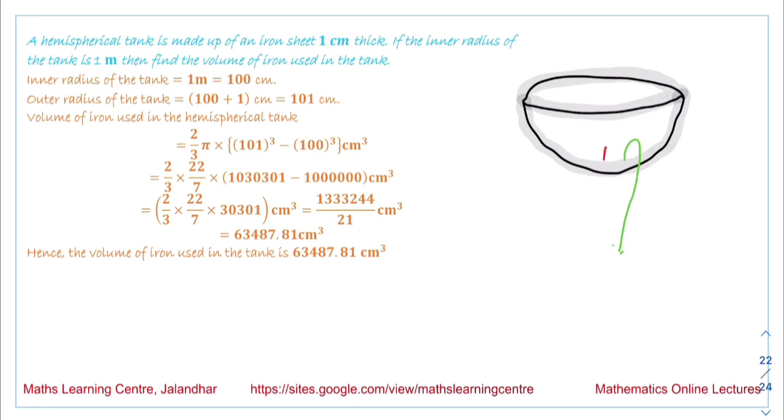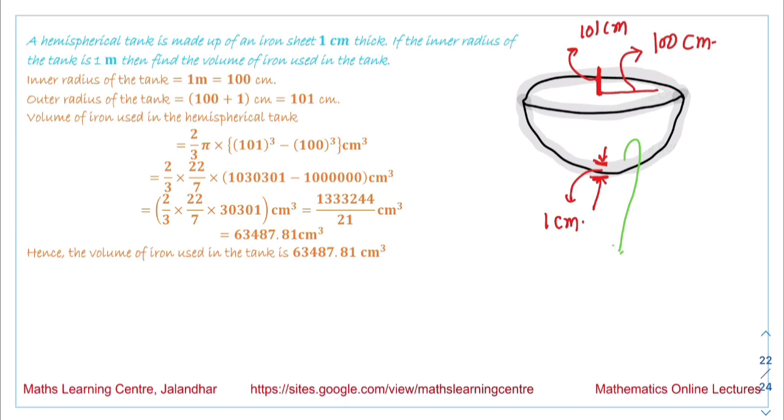This thickness here is 1 centimeter. The inner radius of the tank is 100 centimeter. Since it is 1 centimeter thick, the outer radius is 101 centimeter. We have to find the volume of the iron used in the tank.